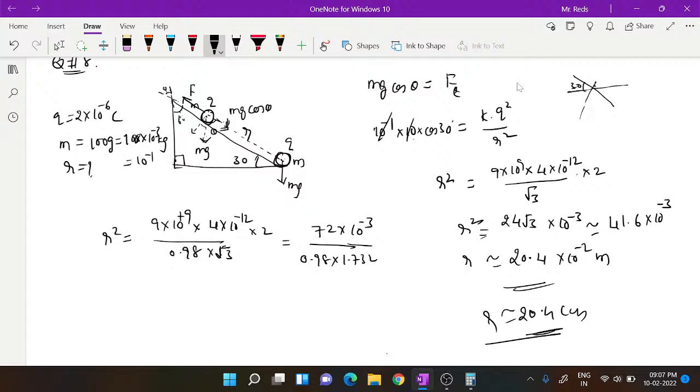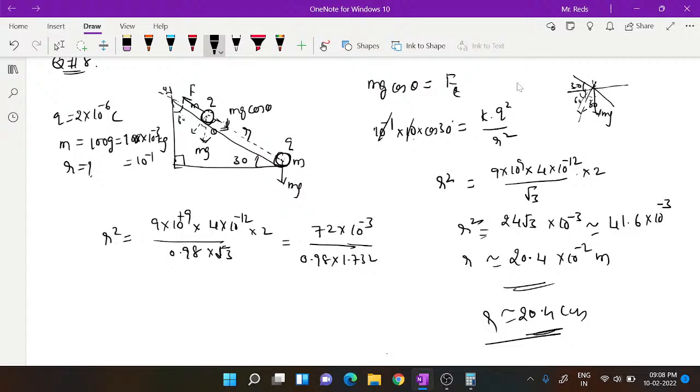This is normal, this is mg. This is vertical, this is horizontal. This will be normal to this, so this will be 60, and this will be 30, as the total is 90.